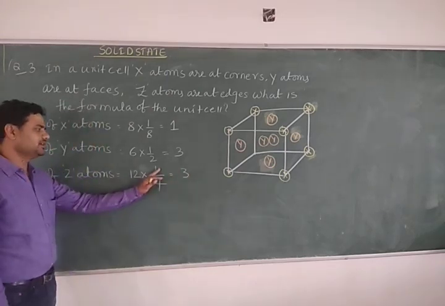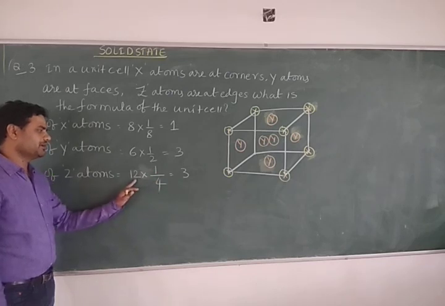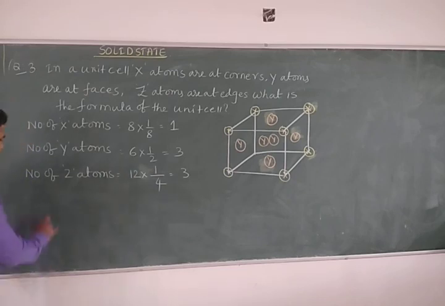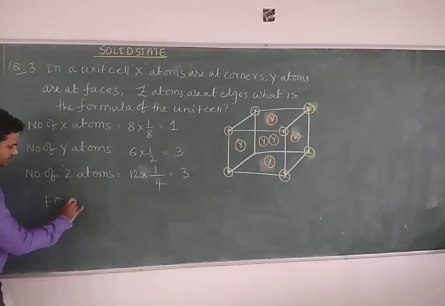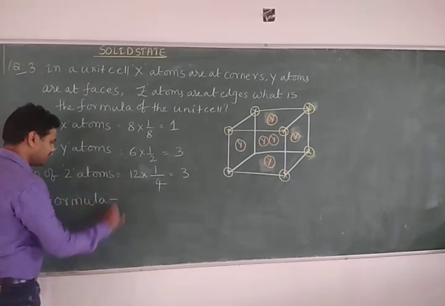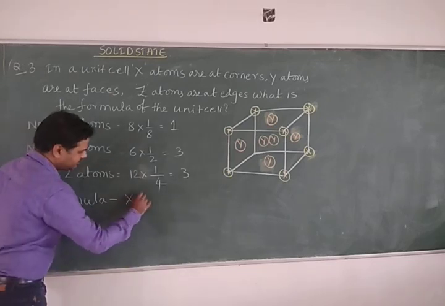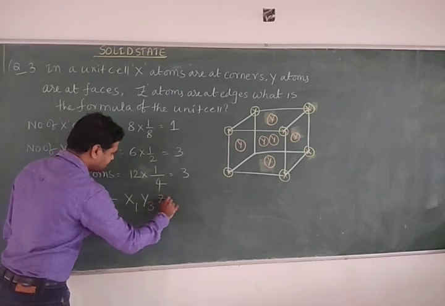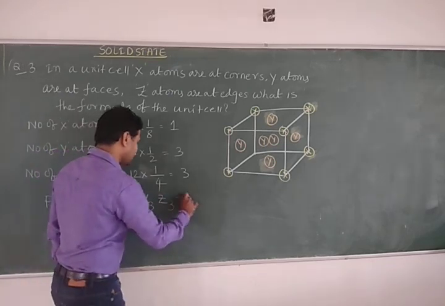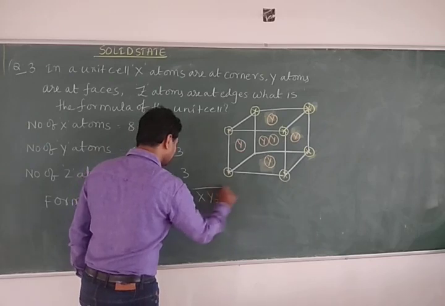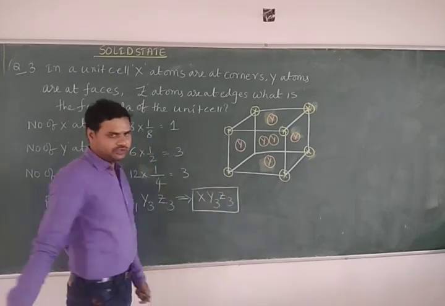The contribution at the edges is 1 by 4, and the total number of atoms at the edges is 12, so it becomes 3. Therefore the final formula of the compound is X1 Y3 Z3, which can also be written as X Y3 Z3. So this is the formula of the unit cell.